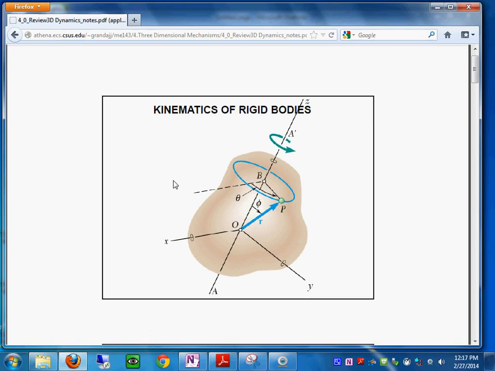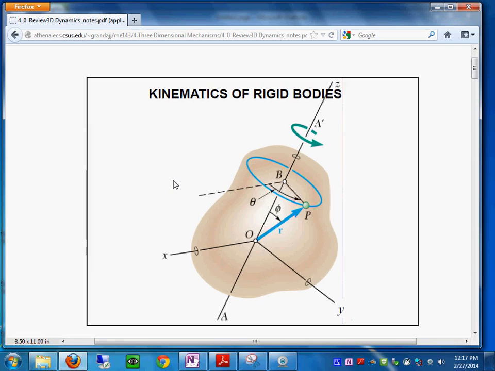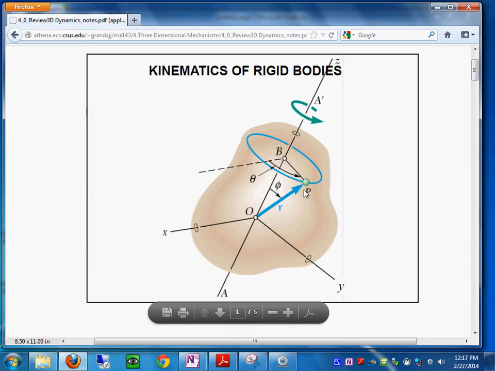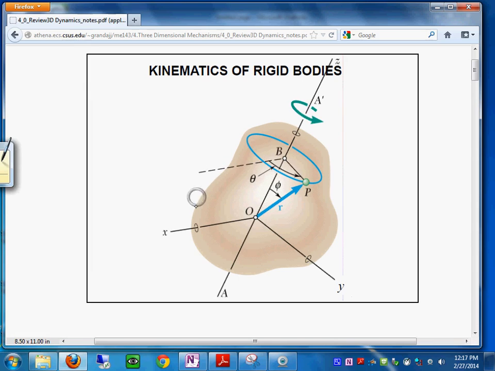So in the case of a rigid body, we have a situation here. A rigid body means the points on the body don't move with respect to each other, because this is a solid rigid body. And in here we have the X, Y and Z axes, a right-handed coordinate system.